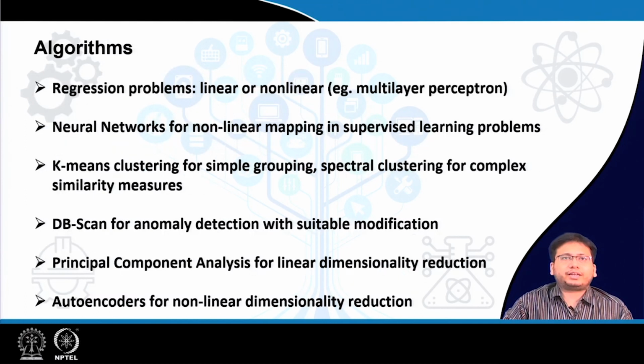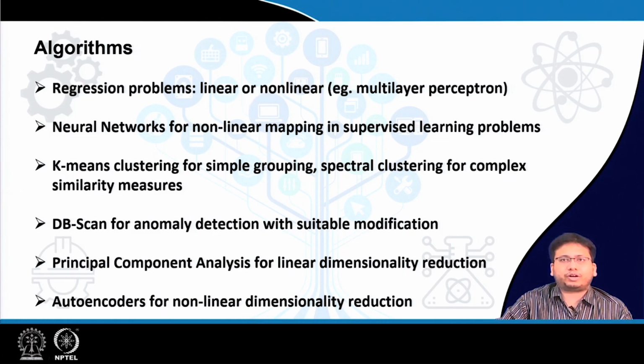Now, coming to the various machine learning algorithms which might be suitable for the problems which we discussed. First of all, for regression problems we can use various linear or non-linear regression methods.